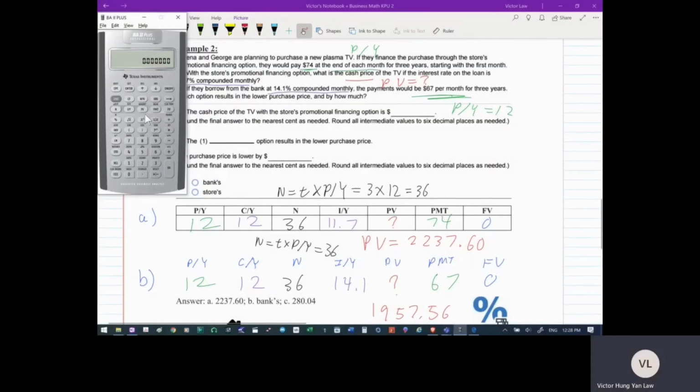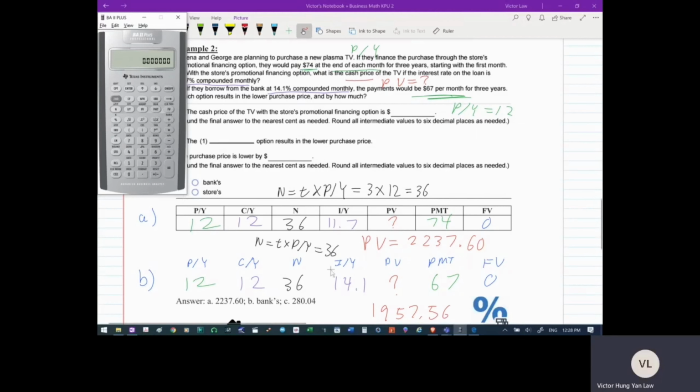So same steps, second function PY is 12, enter, go down to CY, CY is 12, enter. Once you set the PY and CY, you clear the bottom left corner, and then you start typing in N is 36, so 36, N. And then PMT is $67, so 67 PMT, 0 future value.